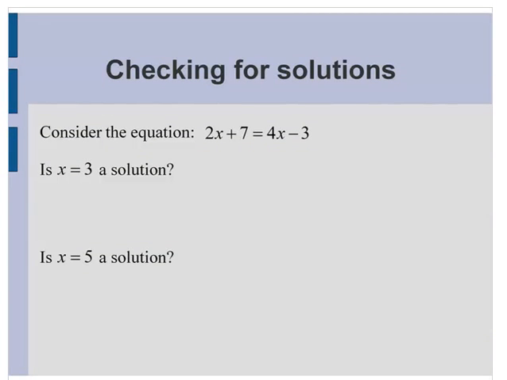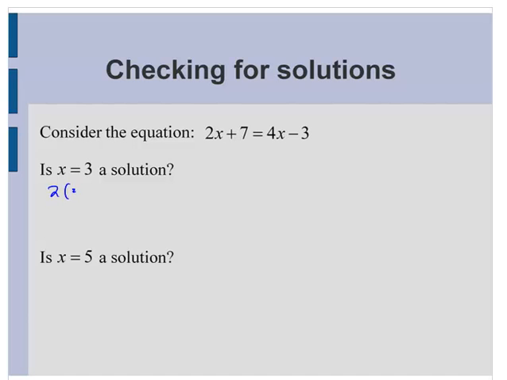So consider the equation 2x plus 7 is equal to 4x minus 3. Is x equals 3 a solution? If it is a solution, then it must yield a true statement upon substitution.